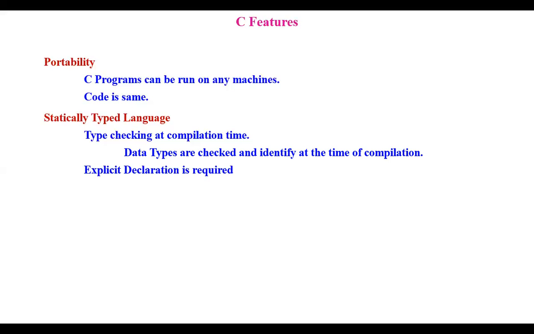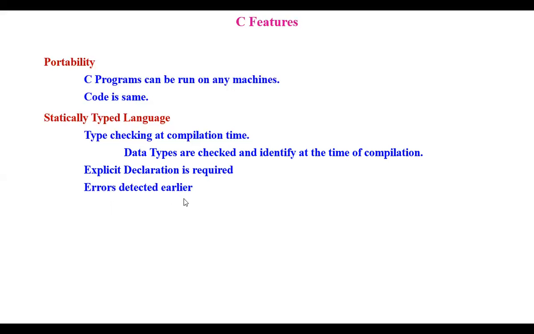Explicit declaration is required. We have to declare what type of variable a is, suppose a is a variable: whether it is a number or a character, whether the number has decimal places or not. All these must be clearly specified. So that is the declaration of these variables.